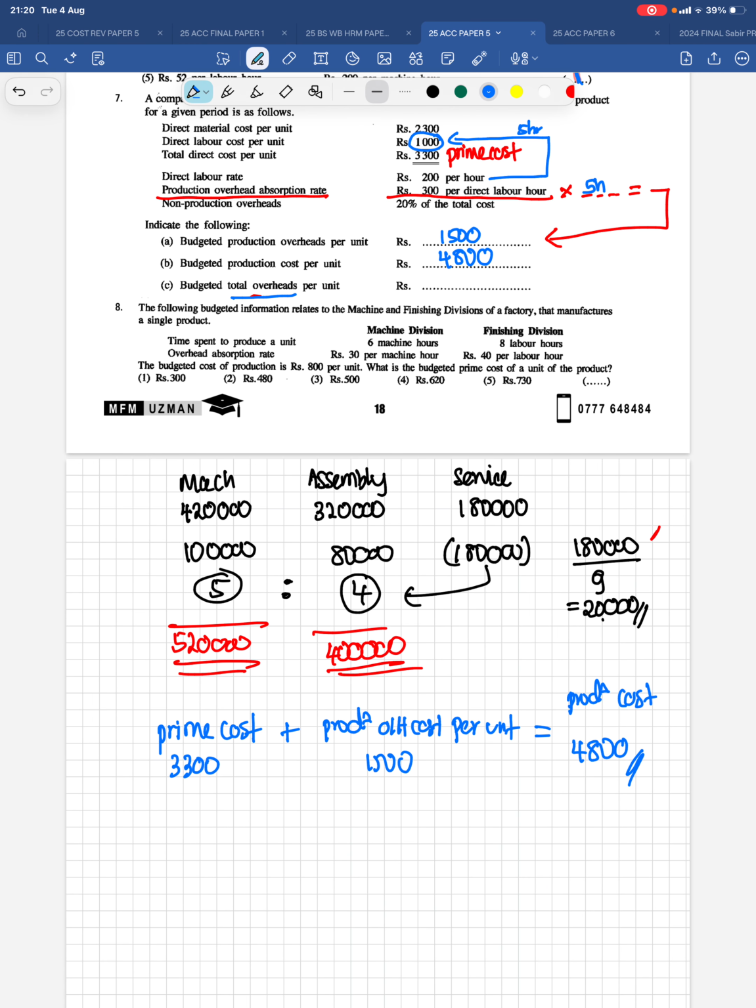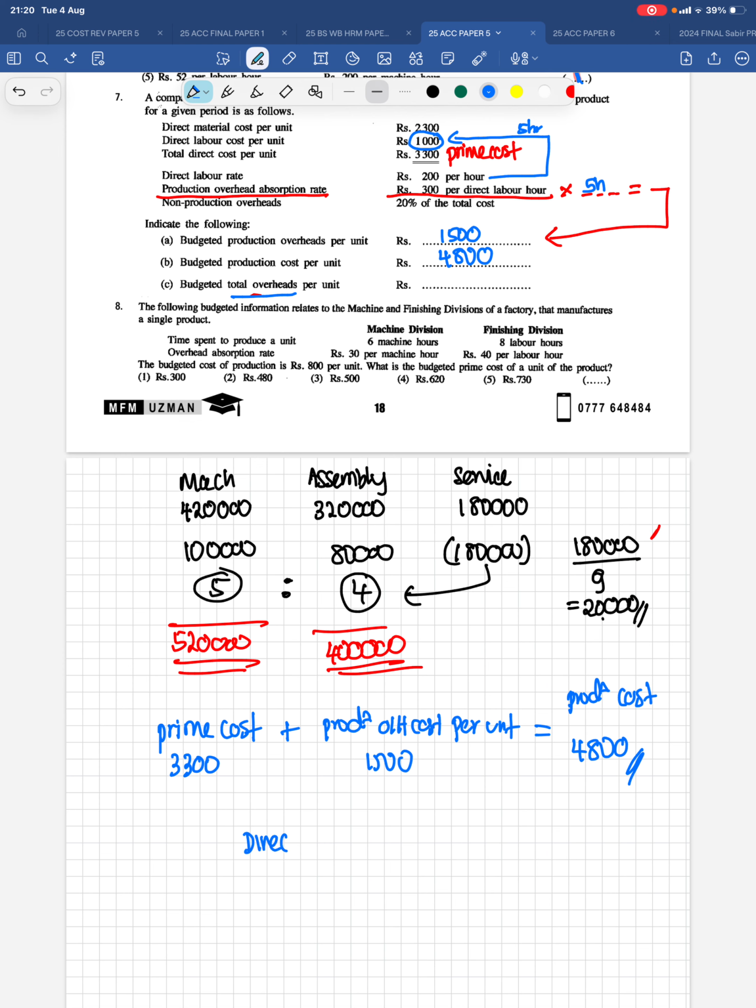And the next one is a good one: budgeted total overhead per unit. You all know very well what is meant by total overhead. I taught you in the basics of cost accounting. You can write direct cost plus the indirect cost. Indirect cost means the production overhead plus non-production overhead, which is equal to total cost.